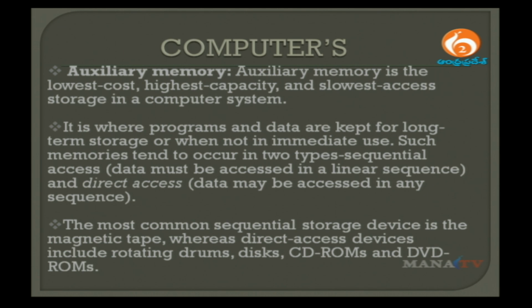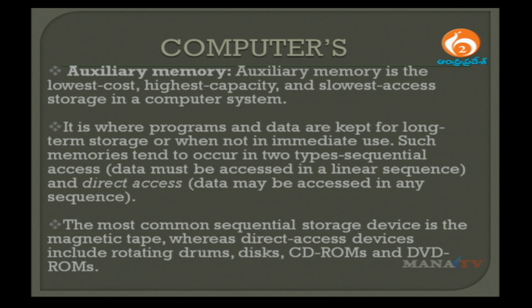We have three different kinds of memory we were talking about: the primary memory and the auxiliary memory. The second one is auxiliary memory. Auxiliary memory is the lowest cost, highest capacity and slowest access storage in a computer system. It is where programs and data are kept for long-term storage, when not in immediate use.